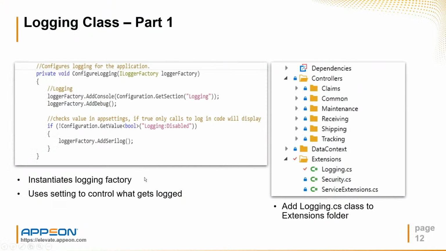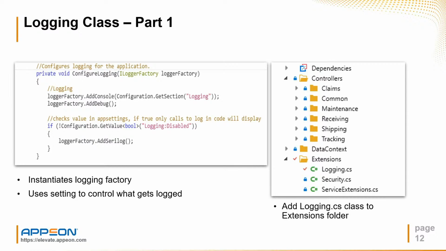So the logging class, I spoke of this a little bit a moment ago, and got a quick view of the class inside of SnapDevelop. It's used to instantiate the logging factory, which happens inside the startup.